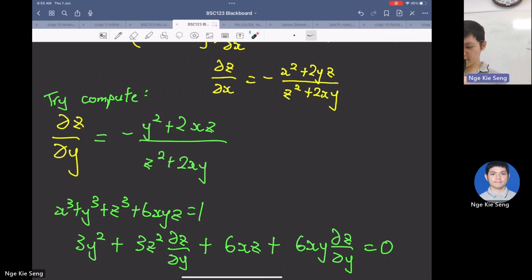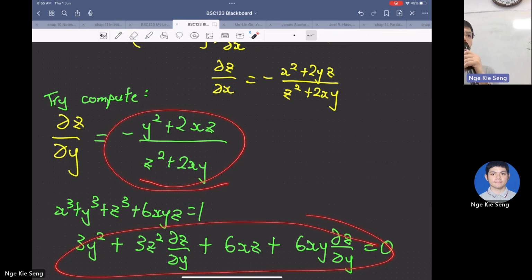If you rearrange this equation, you should get a similar answer.